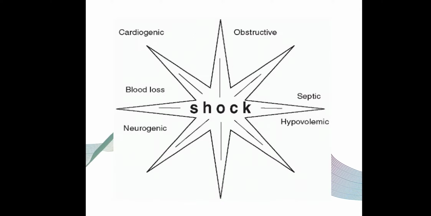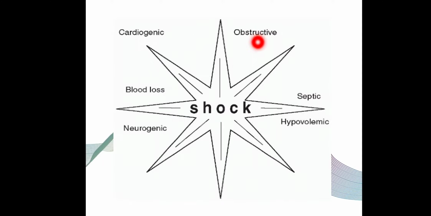Okay, coming to types of shock, basically there are 5 types of shock, right, depending upon the etiology. One is hypovolemic shock, then cardiogenic shock, then neurogenic shock, then septic shock, and fifth one is anaphylactic shock.